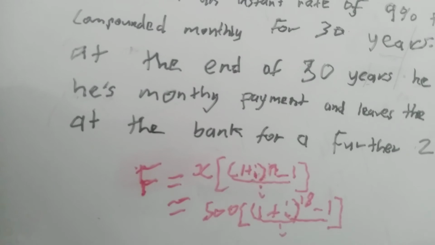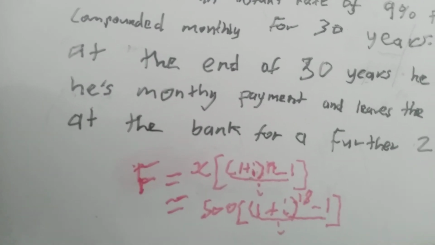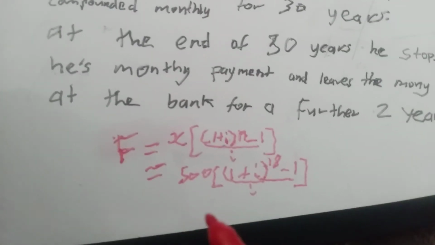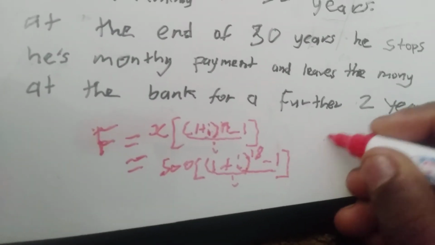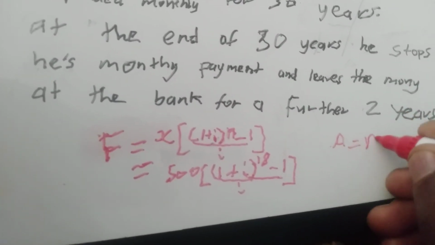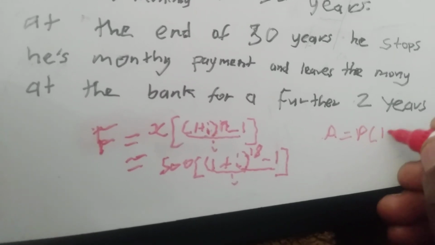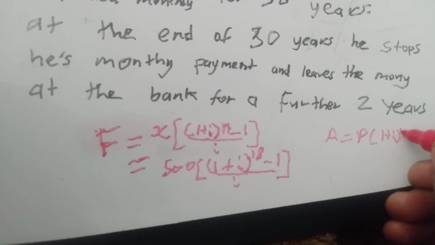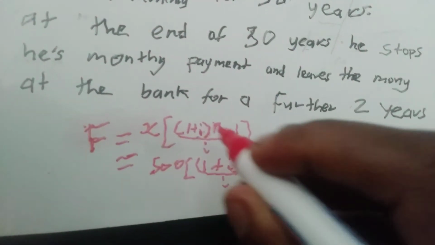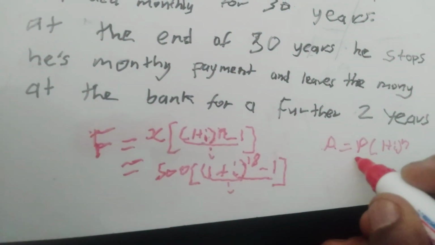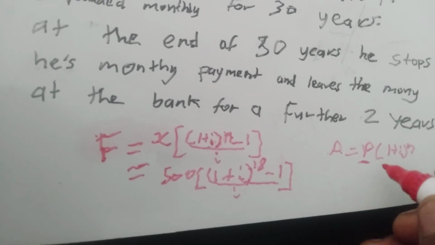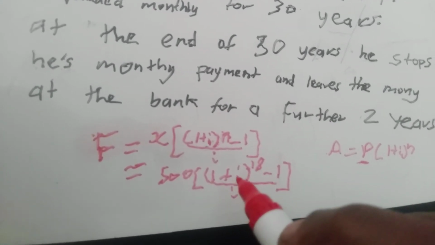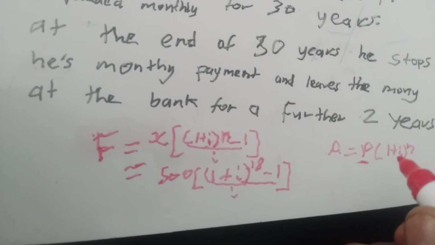So it means it will grow for 6 months using the grade 11 formula, right? When you're done with this part, this becomes the principal amount. So the accumulated amount is equal to the principal amount times 1 plus i all to the power of n. The answer you get here is now part of this, and it will grow using compound interest. The percentage we have here is the same as the percentage there.